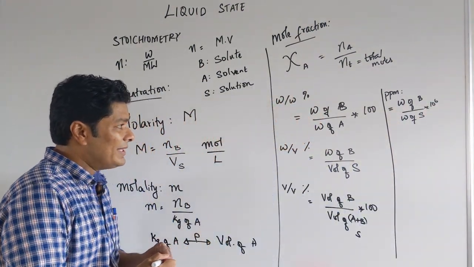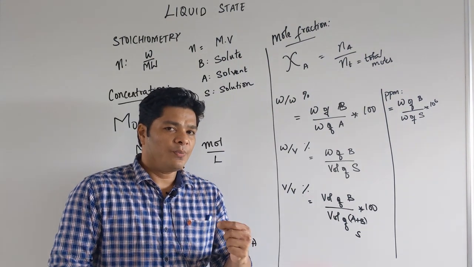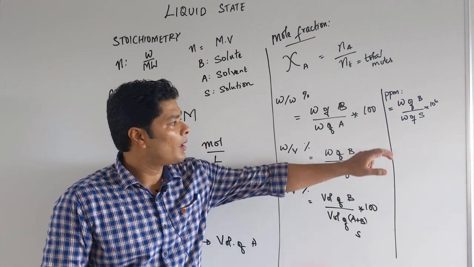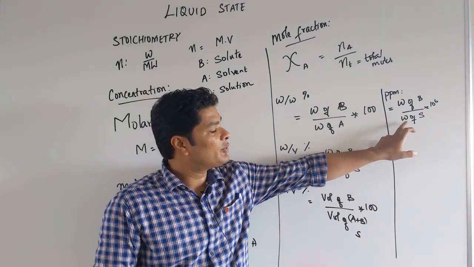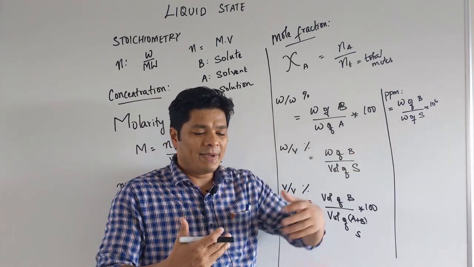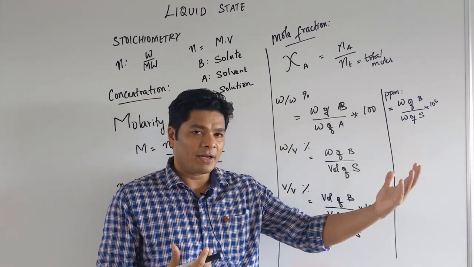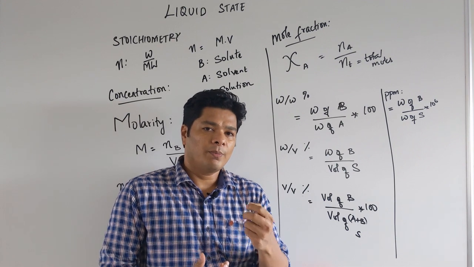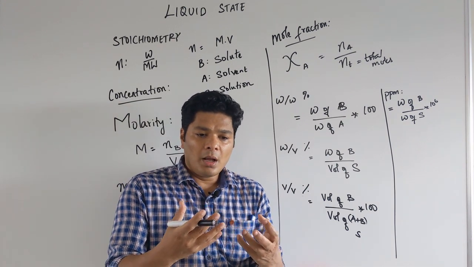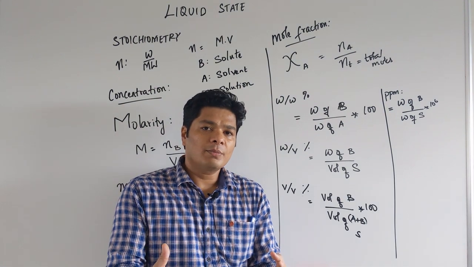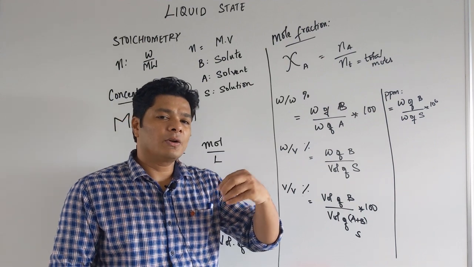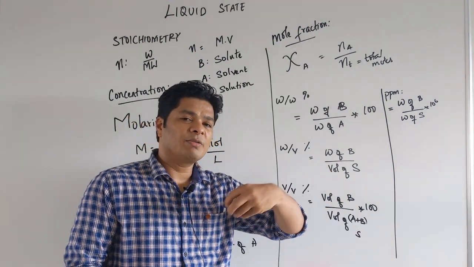What it means is the amount of B, in grams, present in 10 power 6 times the solvent. So when you have, let's say, particulate matter on the road, the amount of particulate matter that is harmful for you is very, very low, but if you were to calculate it in terms of weight by weight, it will be 0.00000 something like that. So it's meaningless to say it.